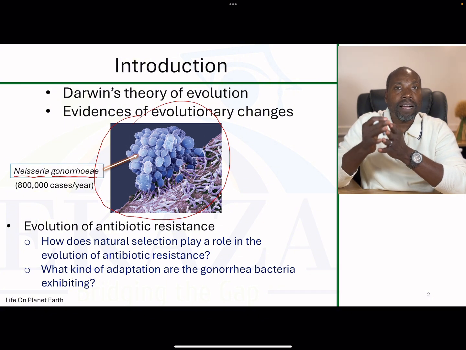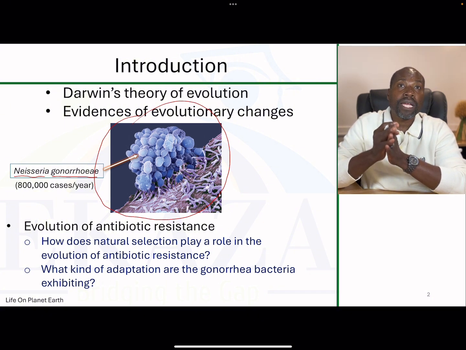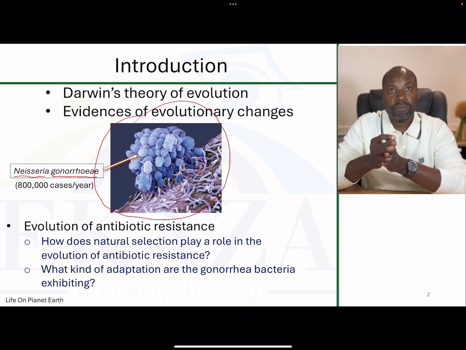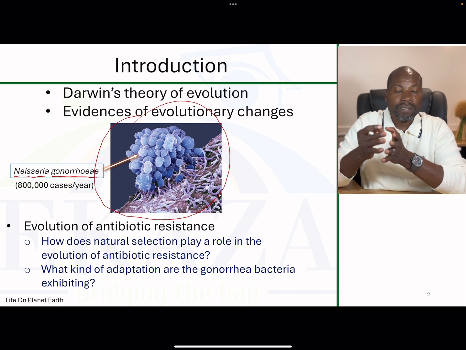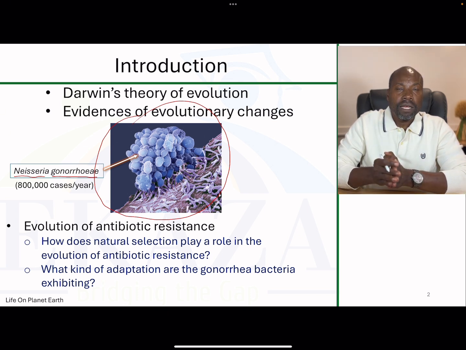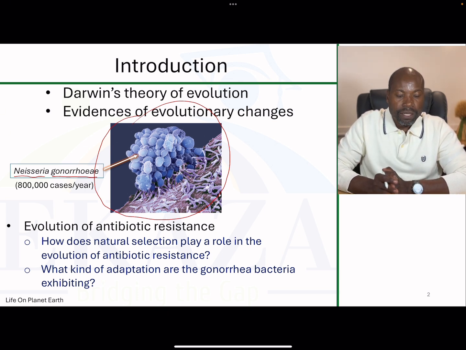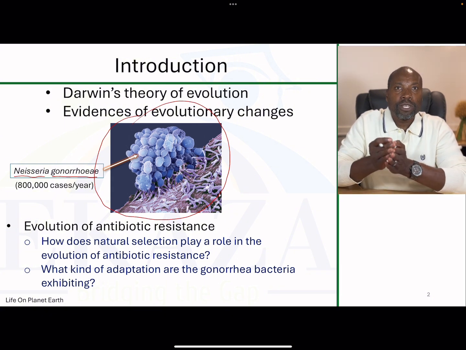I don't know if I already said this, but Neisseria gonorrhoeae can cause infertility if not treated, or properly treated, right? So what we also observe is that the misuse and the overuse of antibiotics is causing this infectious agent, Neisseria gonorrhoeae, to exhibit resistance to the antibiotics that we typically use to treat the infection.